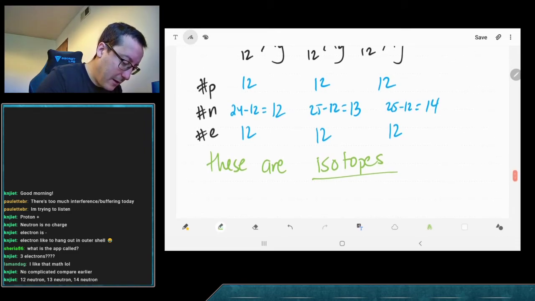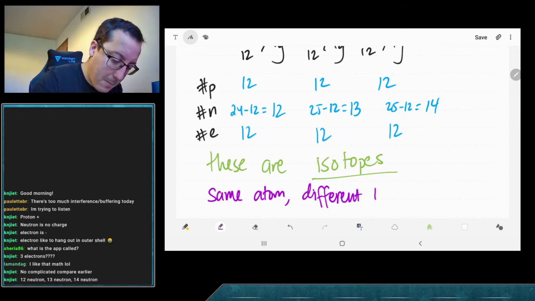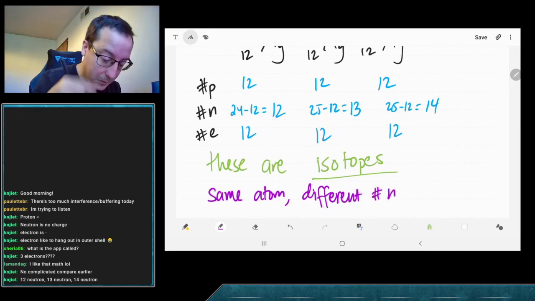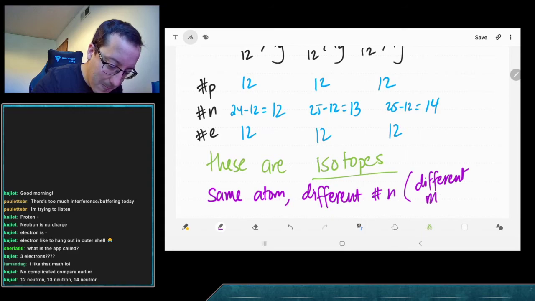They are the same atom, but a different number of neutrons. Or another way to say this would be a different mass number.